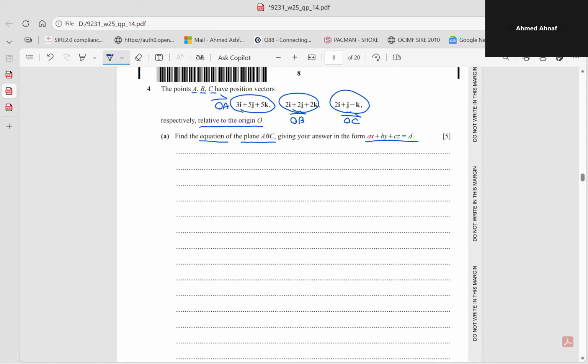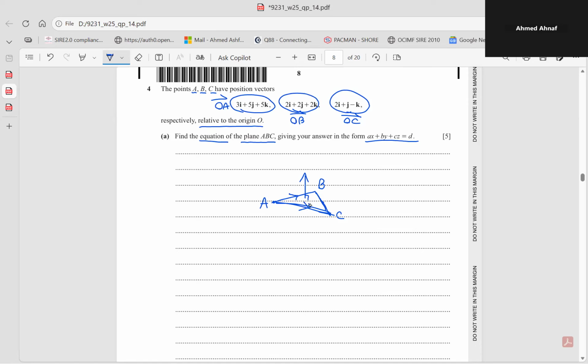Okay, so first let's draw a sketch of the plane ABC. This point A, this point B, this point C. The plane roughly looks something like this. To find the equation of a plane, we're supposed to find a vector that is normal to the plane, so a vector that is perpendicular to the plane. To find a vector like that, we can take two vectors in the plane, for example AB and AC.